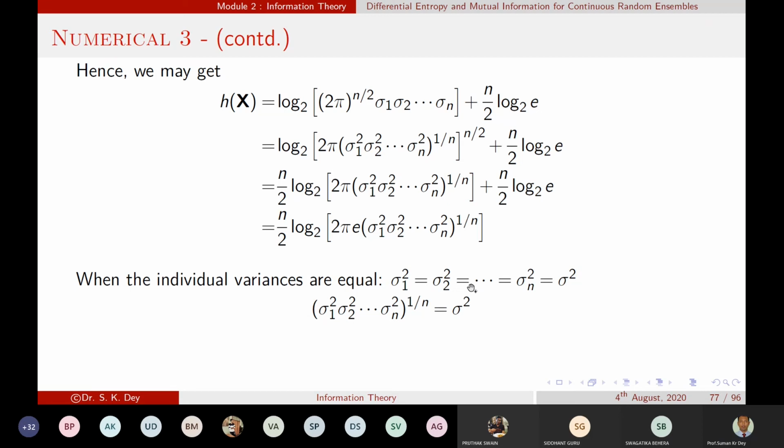Since these variance terms are equal, we can replace them by sigma square. So we can write this whole term, whatever terms are over there, as equal to sigma square. Yes or no?